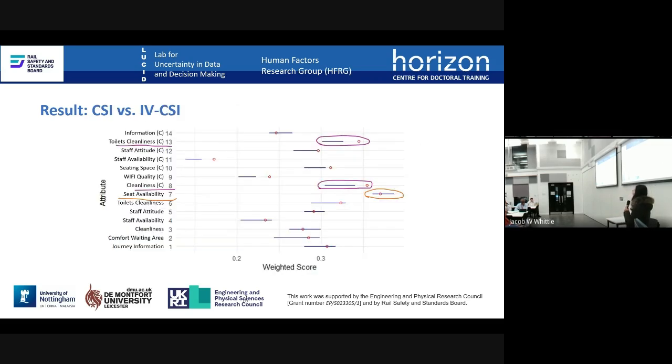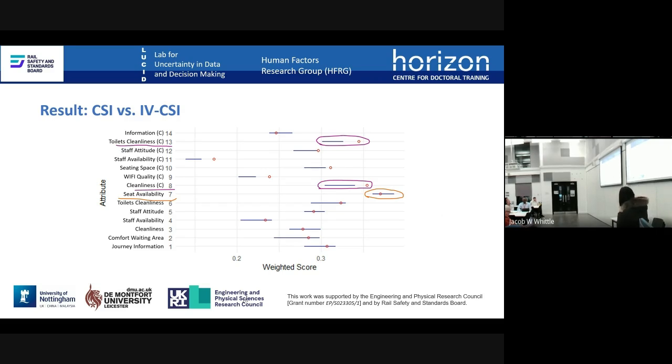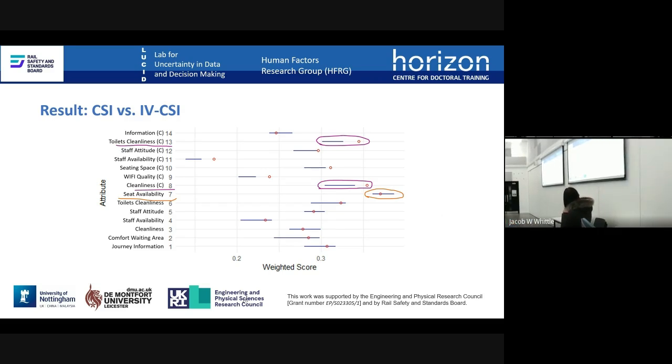We later calculated the CSI as previously introduced, and also the interval value of CSI. The result we get is that seat availability, which is attribute 7, seems to produce a higher contribution compared to everything else.